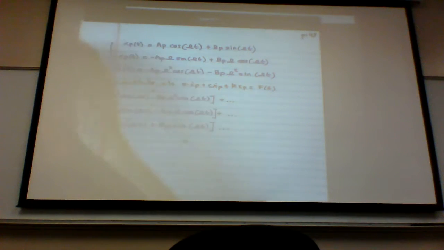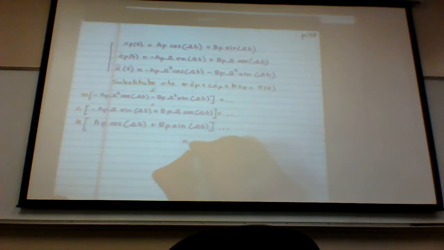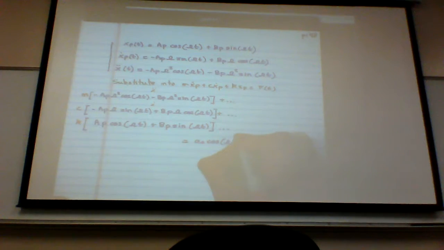All this should be equal to the f of t function: A sub naught cosine omega t plus B sub naught sine omega t, which is f of t.